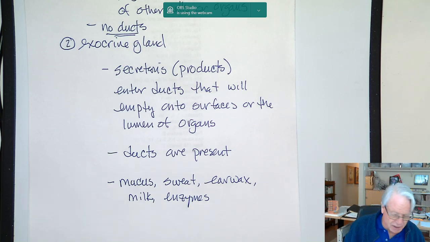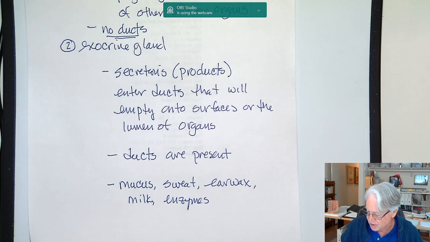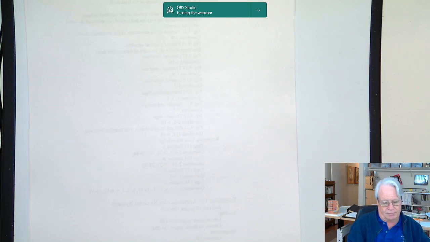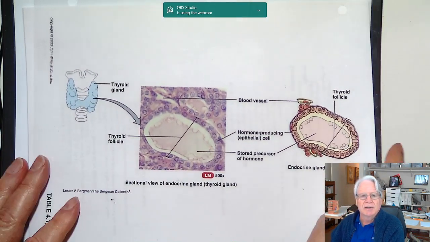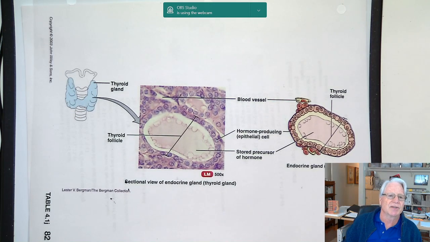So let's take a look at an example of each of those kinds of systems here. For the first one that we're going to look at, this is the thyroid gland.